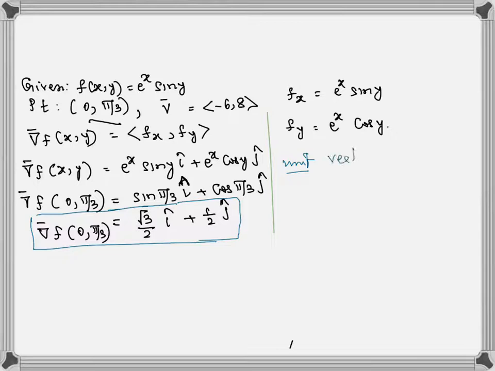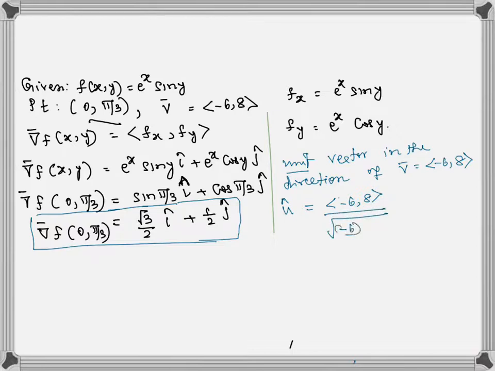Next, we have to find the unit vector in the direction of the vector (-6, 8). If you divide the vector by its length, what you get is a unit vector, which is a vector of length 1. So unit vector u is (-6, 8) divided by its length, which is the square root of (-6)^2 + 8^2, which is the square root of 36 plus 64.